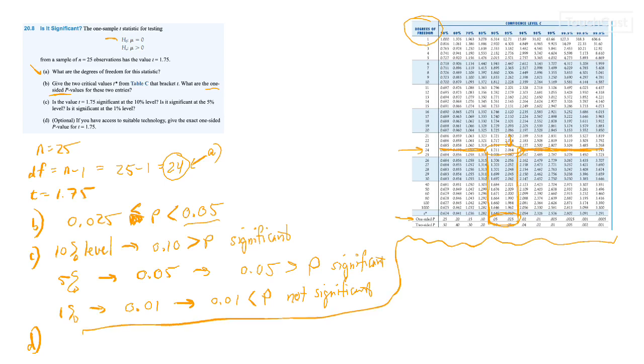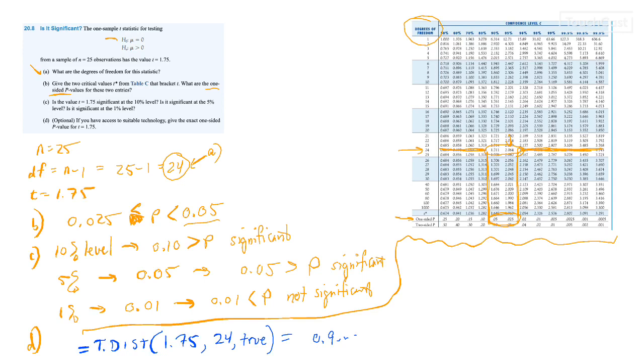I typed in equals, t.dist, the t value, which was 1.75, the degrees of freedom, which is 24, and then true to indicate that I wanted a cumulative distribution. This should yield 0.9 and some change.